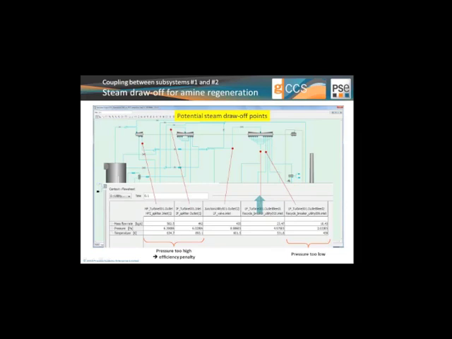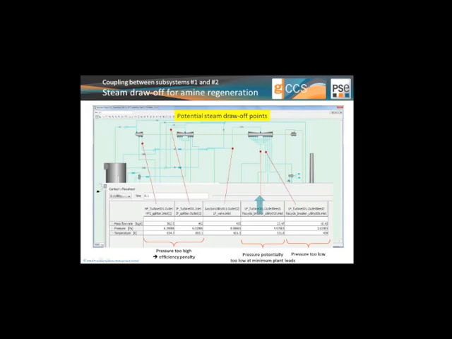But for some, the pressure might be too low, and obviously there might be an optimal point to find. You could see that basically these 2 points, the IP to LP crossover and maybe one of the steam draw-offs of the low pressure turbine section, might be suitable.